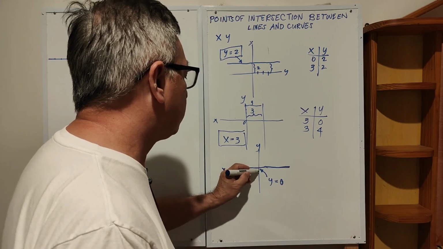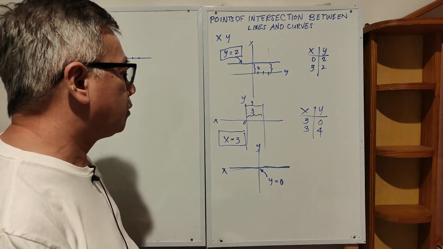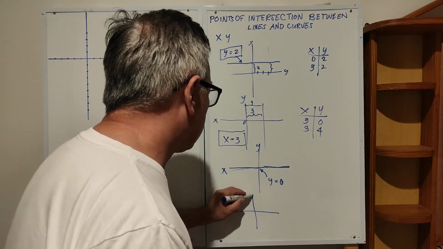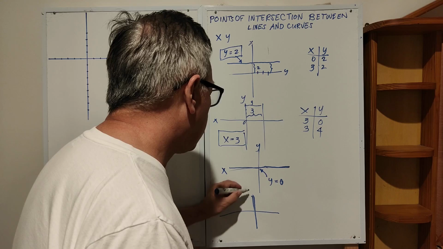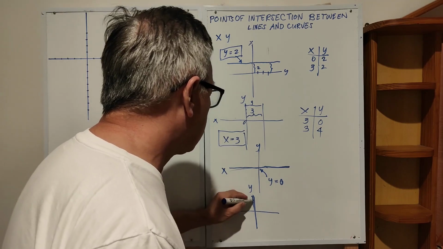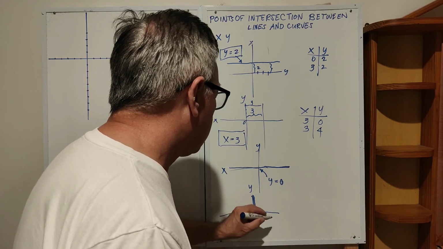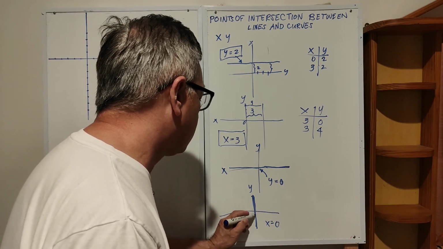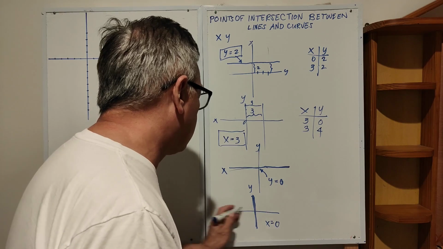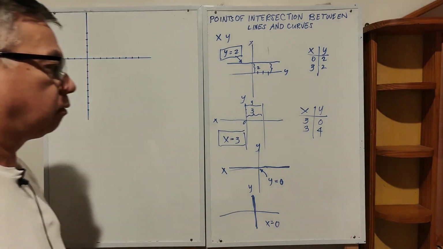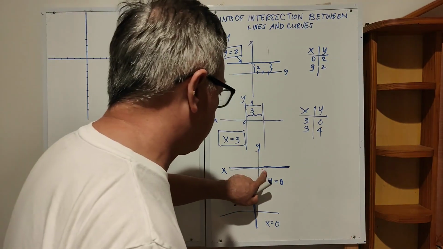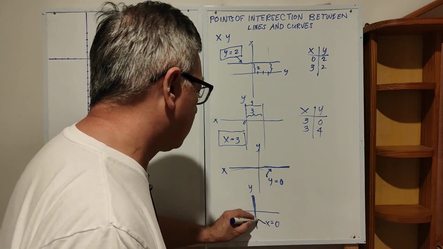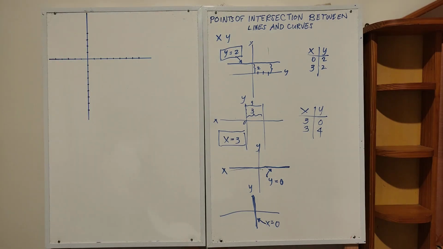It will not go above or below, so y is equal to 0. Now if you want to show that your line is on the y-axis, that would be x is equal to 0, because it's not going to the left or to the right. I'll just show that this is y is equal to 0. This is x is equal to 0.